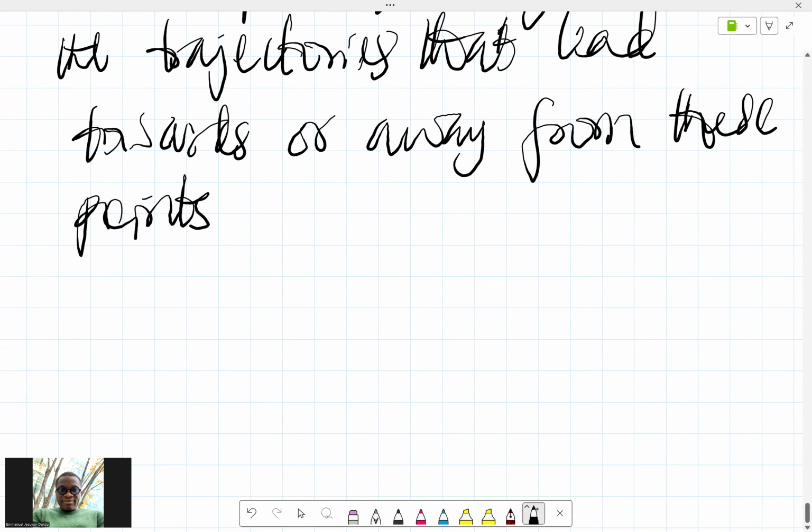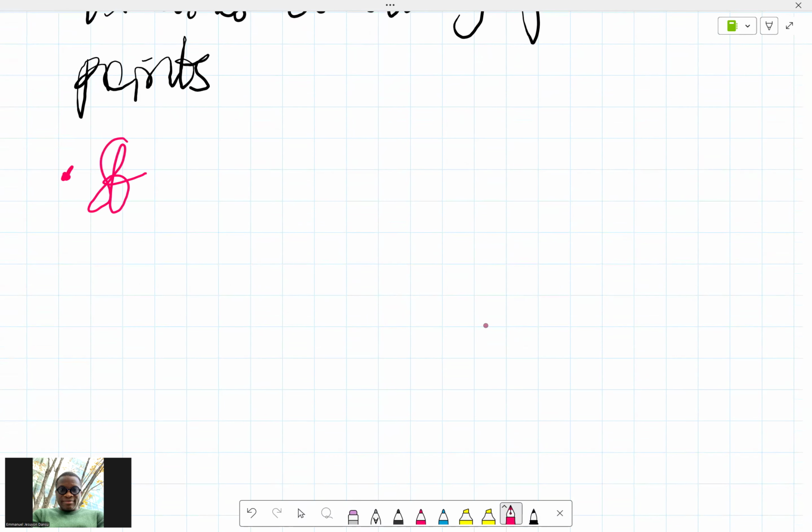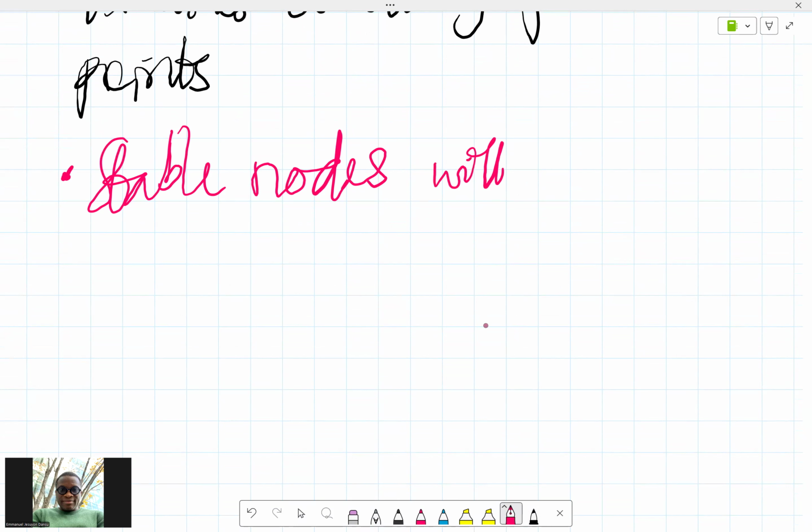Okay. And just like we've seen before, we can talk about stable nodes. Stable nodes are where we have only real parts with the same sign, meaning they both have negative values, right?